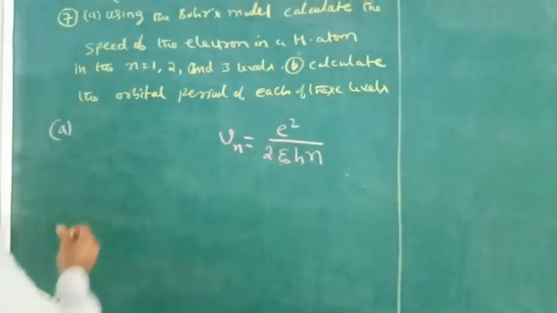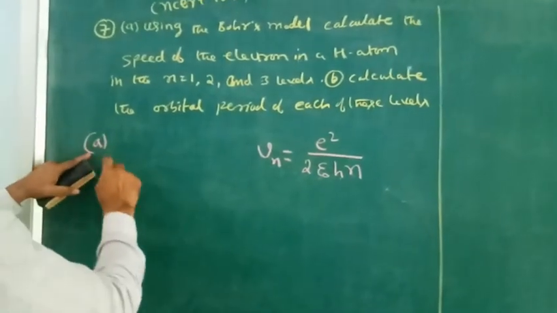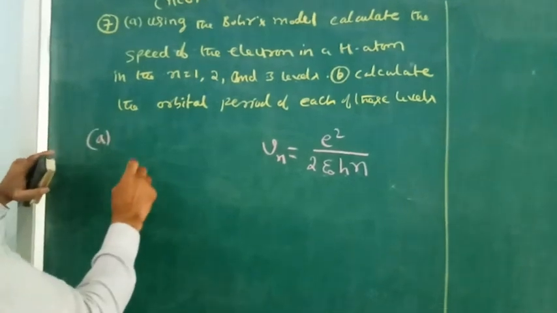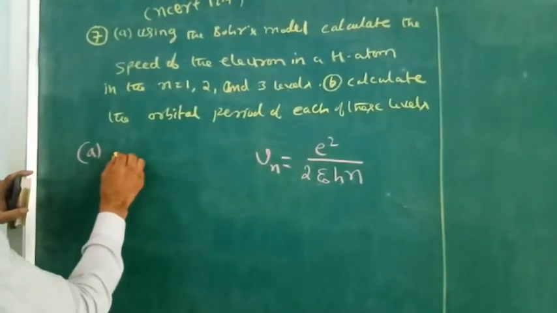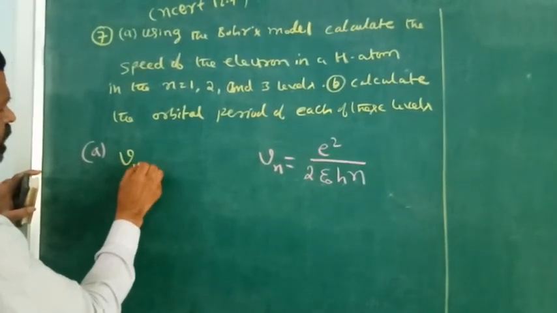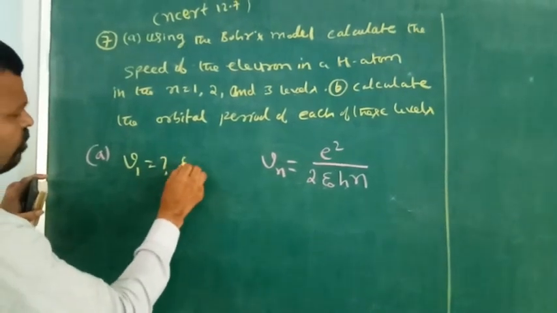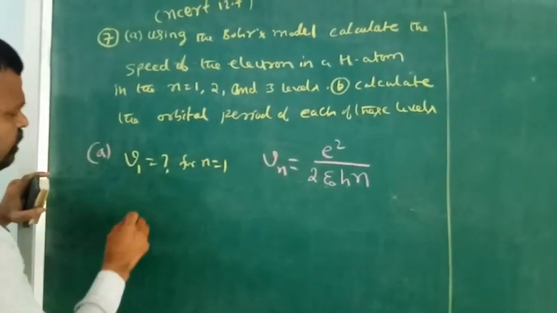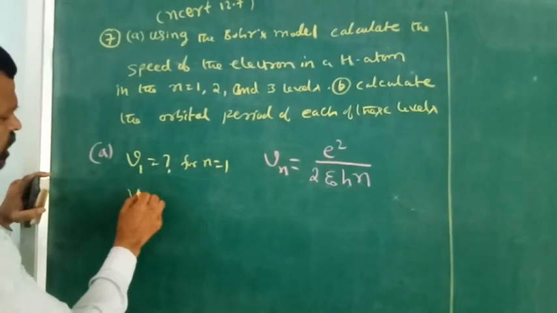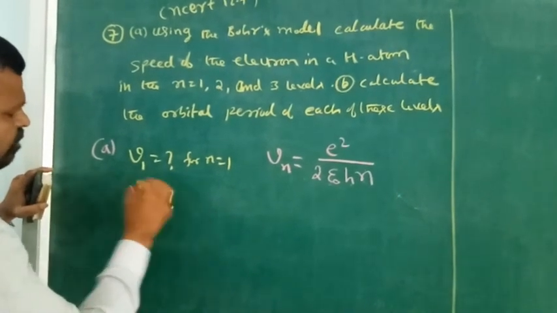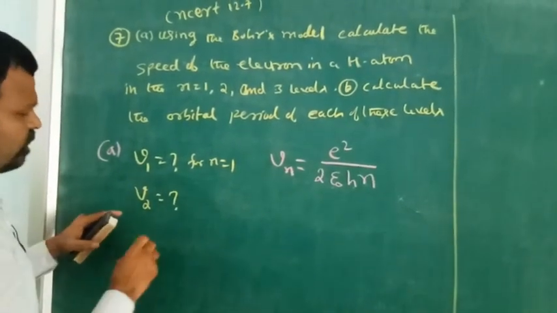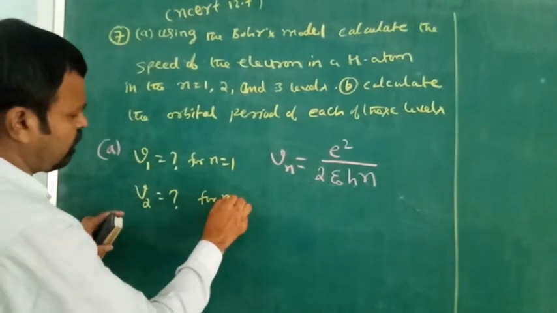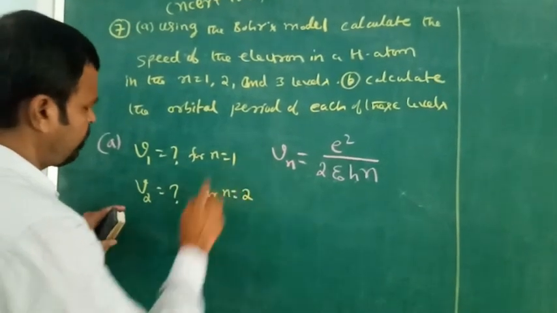Therefore, you solve the problem first. In that, we should find the velocity of an electron in the first orbit, for n is equal to 1. The velocity of the electron in the second orbit, find that for orbit number 2.